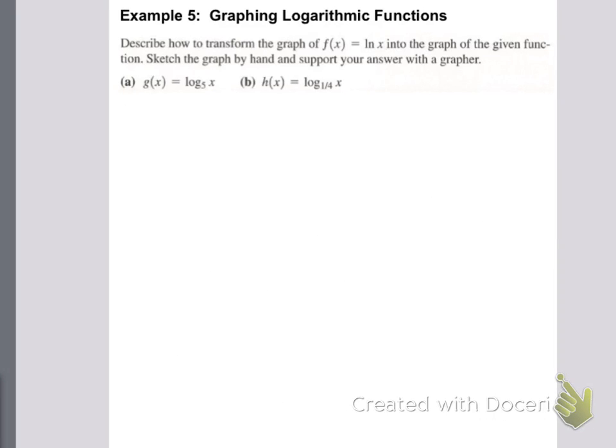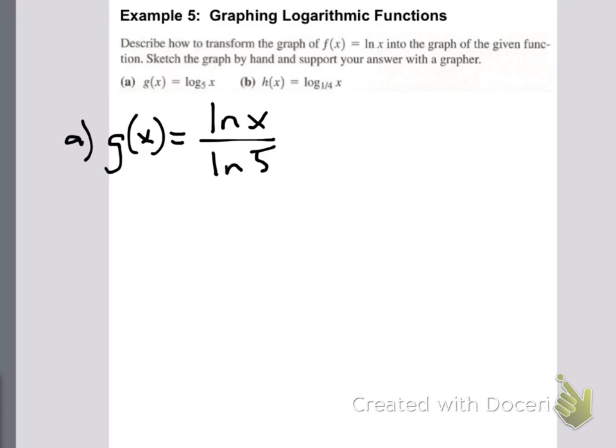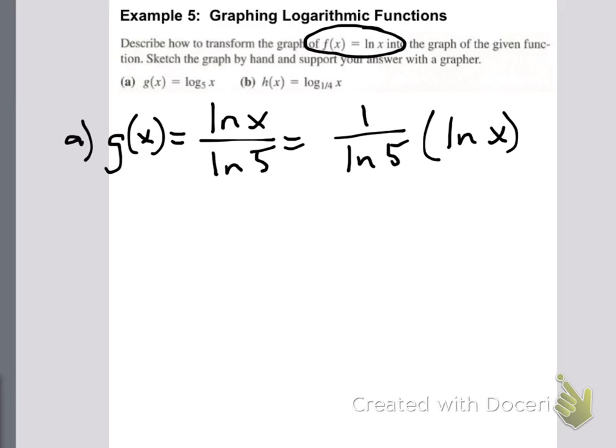Now, we're going to describe how to transform these. We're going to change the base. Part A: g of x is ln x over ln 5. Now we pull it out, so 1 over ln 5 times ln x. It says describe how to transform the graph of ln x into this graph.